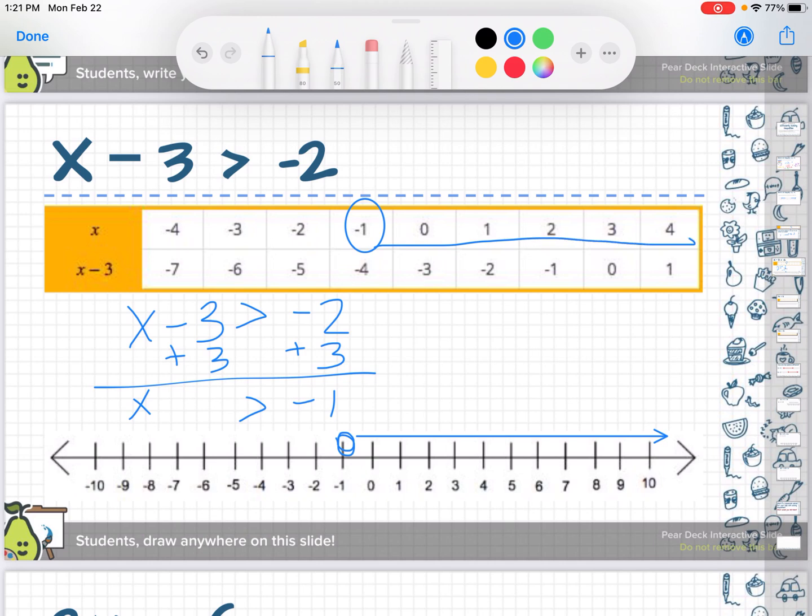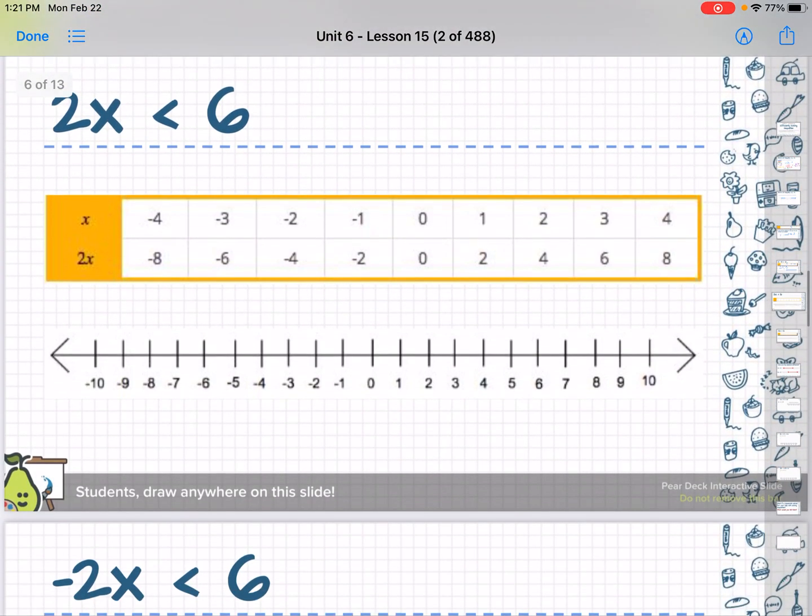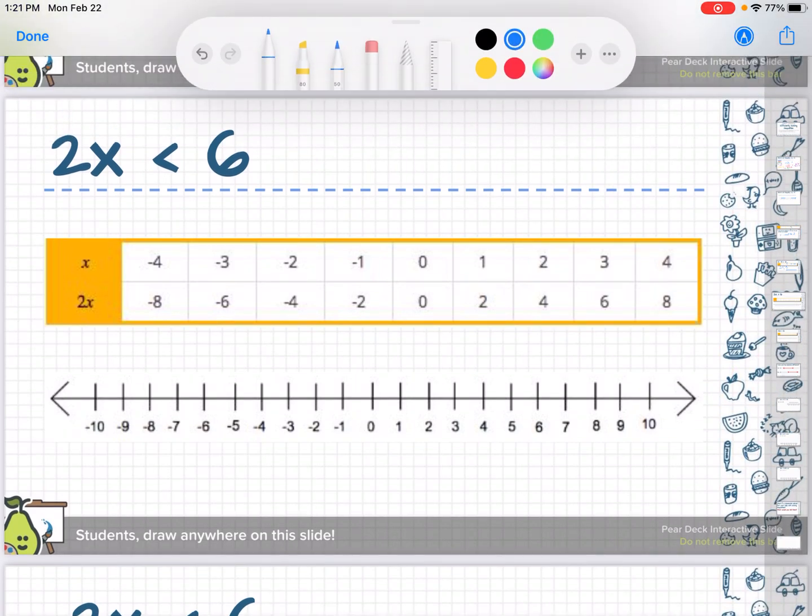All those numbers going in the same direction. Okay, I'm gonna divide by 2 on each side. So x is less than 3. So that means I'm gonna use an open dot on 3, and I'm gonna go in that direction because x has to be less than 3.